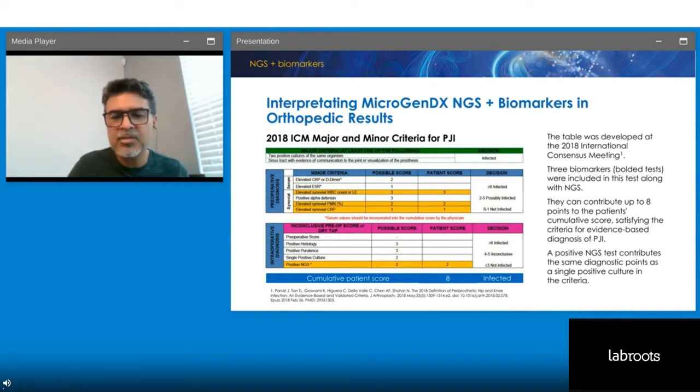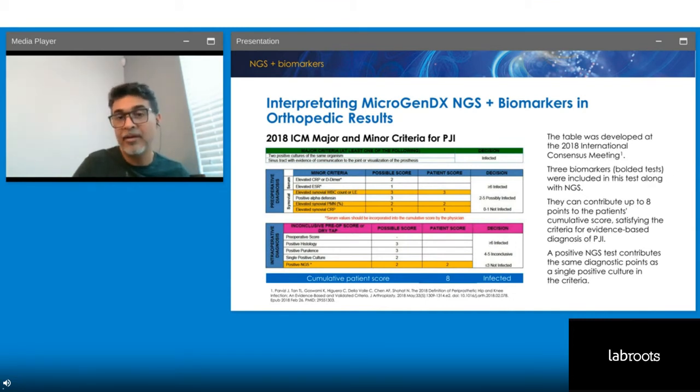So in this case, we are giving the clinician not only a positive NGS indicating, yes, there is an organism present in the sample, but we are also giving the clinician a probability of infection based on biomarkers that is indicative of how the patient, the host in this case, is reacting to the condition that is happening in the joint.